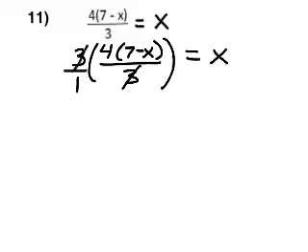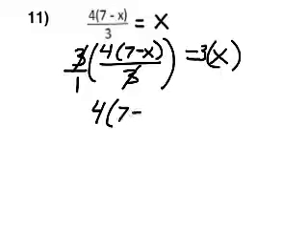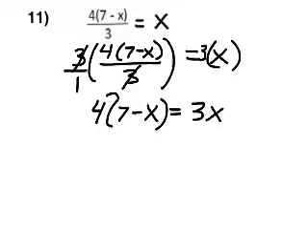Our 3's cancel. And we have, oh, what did I forget to do? We have 3 times x on that side. If we're going to multiply 3 on one side, we have to multiply by 3 on the other side too. Okay, so we get 4 times 7 minus x equals 3x.